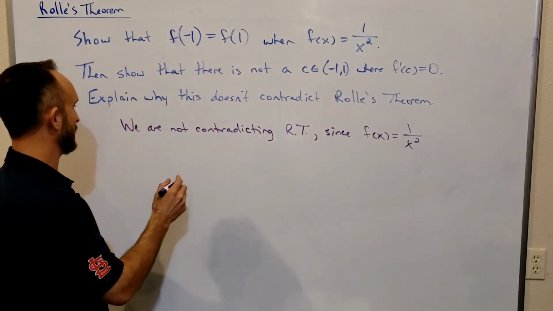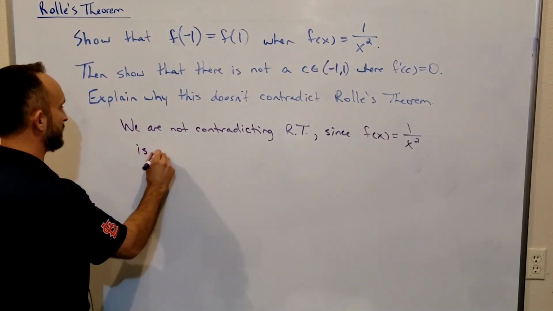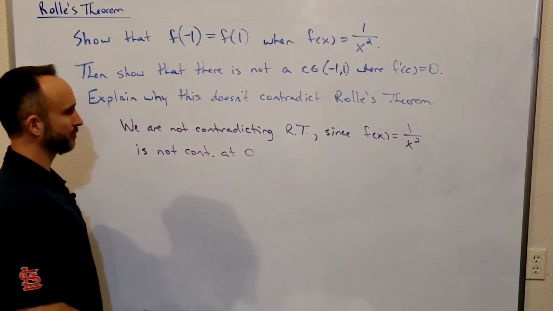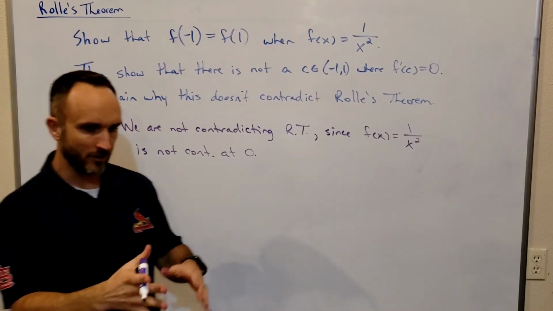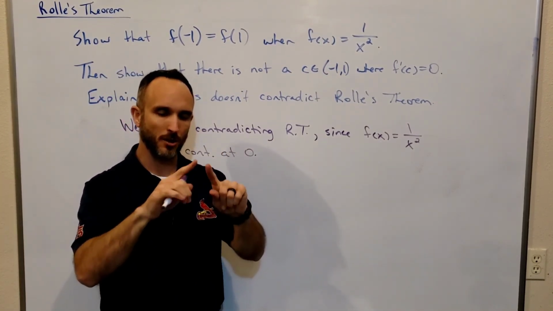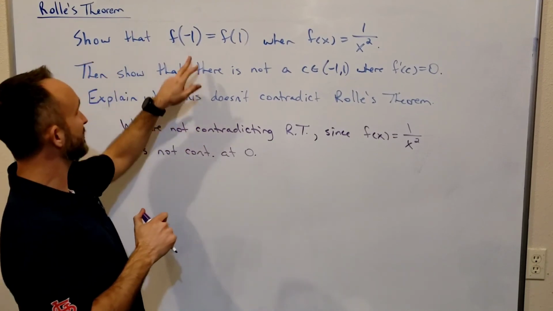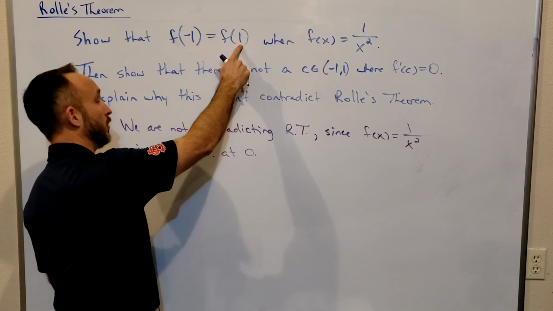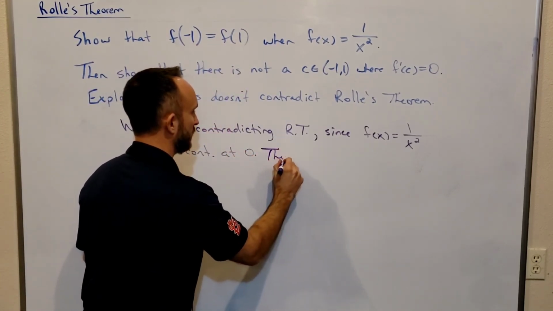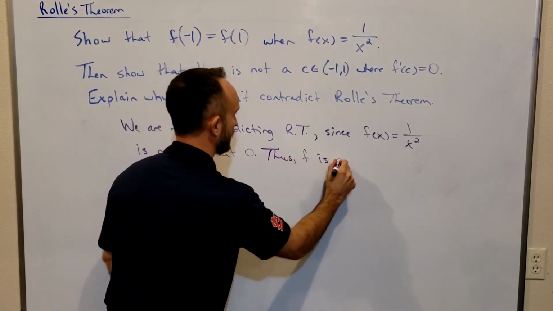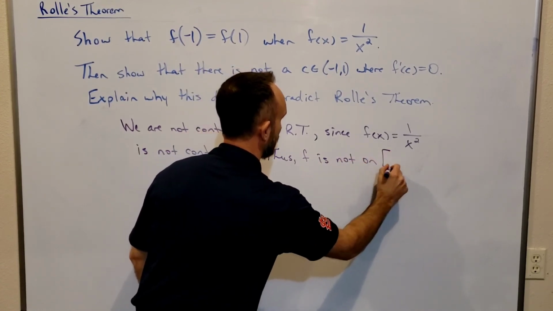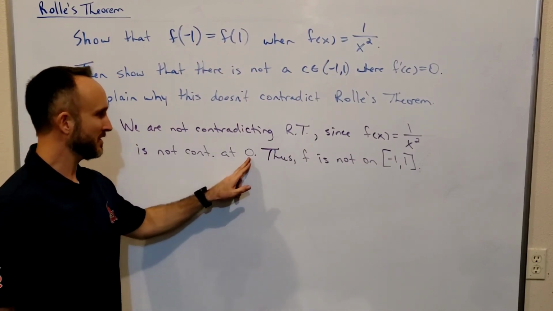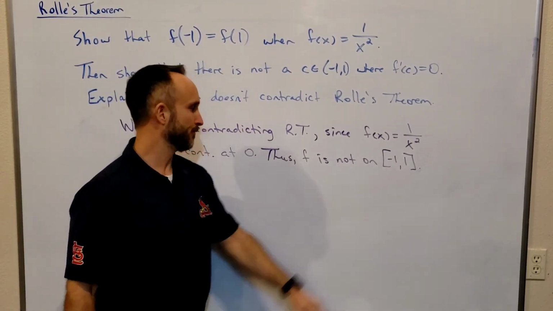F of x equals 1 over x squared is not continuous at 0, right? And for Rolle's theorem, the function has to be continuous on the closed interval from, in this case, negative 1 to 1. 0 lives between negative 1 and 1. So thus, f is not continuous on the closed interval from negative 1 to 1, because it's not continuous at 0, which lives in this interval.